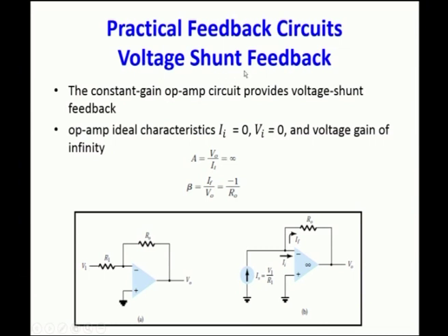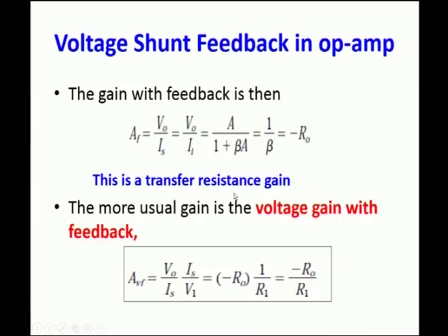For the voltage shunt feedback, the feedback network's gain is IF by V naught. If you look at the circuit, the value of IF by V naught can be written as minus 1 by R naught, because the current through the resistance is reversed when you look at the output voltage. So, it is minus 1 by R naught.